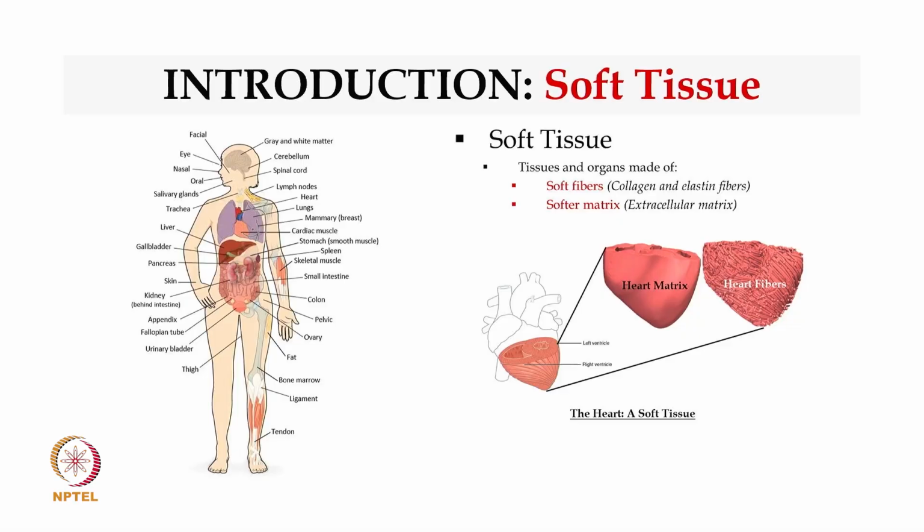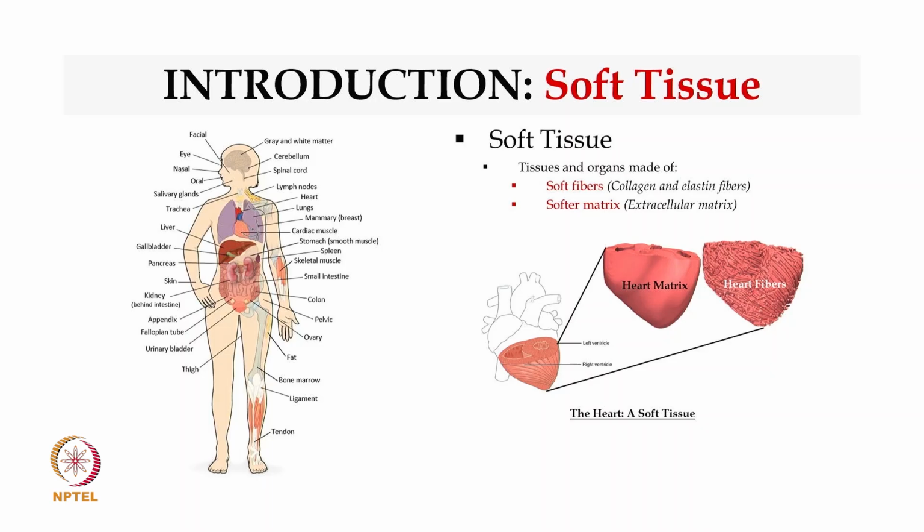Let's very quickly talk about the different soft tissues which we are going to study. I'm going to take an overview. This is my last slide and we will continue on this. This is the entire human body which you're looking at, such as facial, eye, nasal, oral, gray and white matter, cerebellum, spinal cord, salivary glands, lymph nodes, trachea, heart, lungs, liver, mammary glands, cardiac muscles, stomach, gallbladder, pancreas, skin, skeletal muscles, spleen, small intestine, all these different soft tissues.